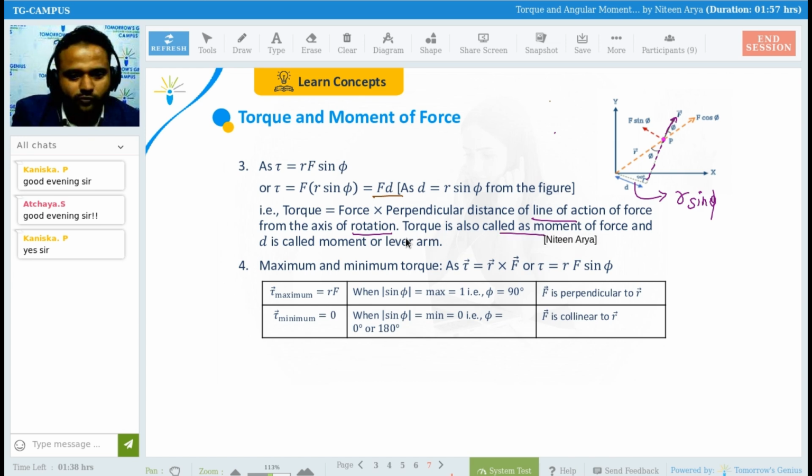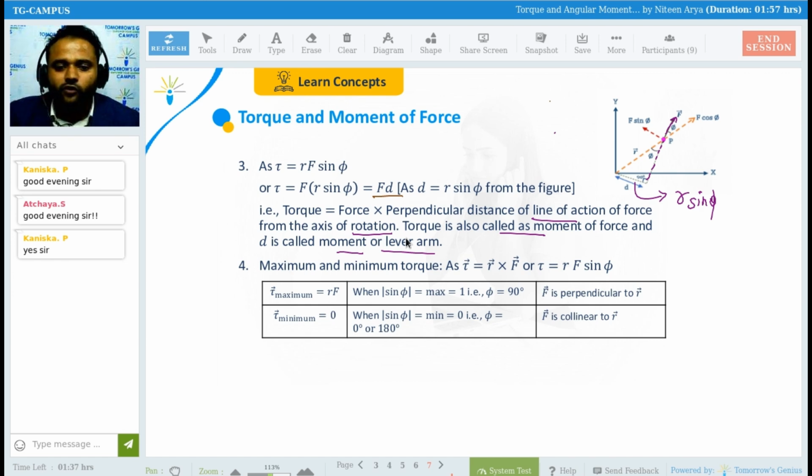Torque is also called the moment of force, and d is called the moment or lever arm. So in questions, if you get this particular word, moment or lever arm, you get to know that is d, basically r sin phi. So directly you can multiply with the force. And if you get moment of force, basically it is torque.